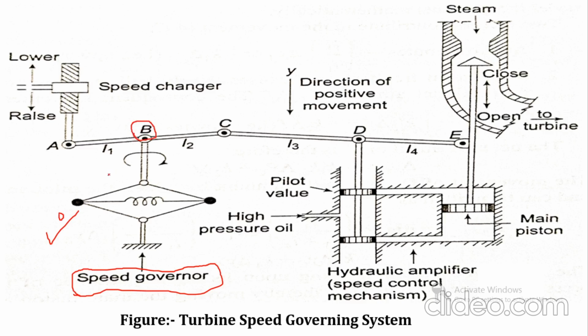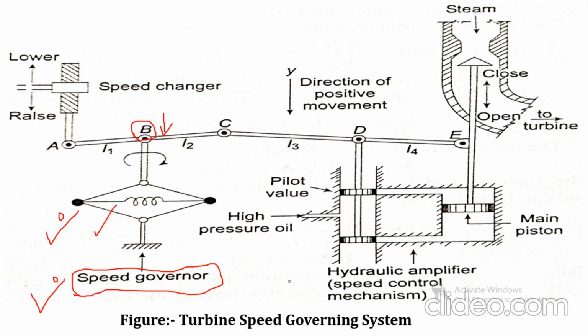If there is an increase in speed, then the fly ball will move outside and point B also moves in the downward direction. In the same way, the reverse will happen when speed or frequency decreases. So this is the second part, the fly ball speed governor.